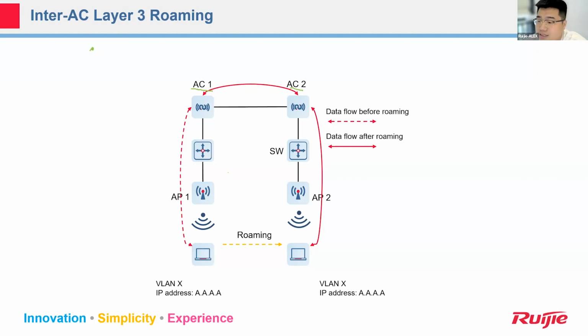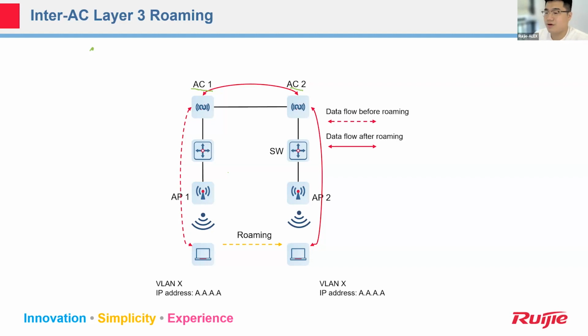We have two ACs because in some cases we have a large number of APs, and we can use more than one AC to manage them. We can divide the APs into different parts and use different ACs to manage them. Or in some cases, we have ACs in different layers.